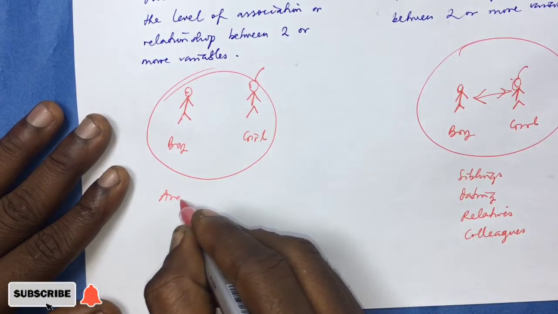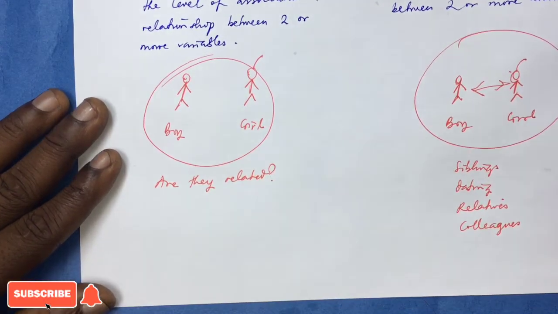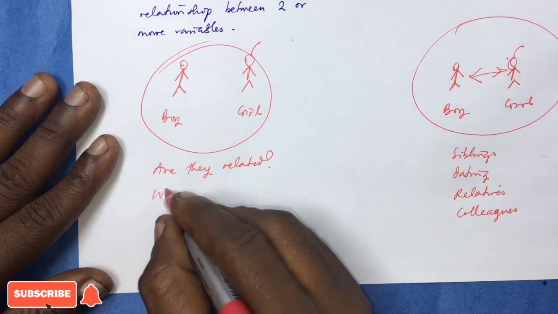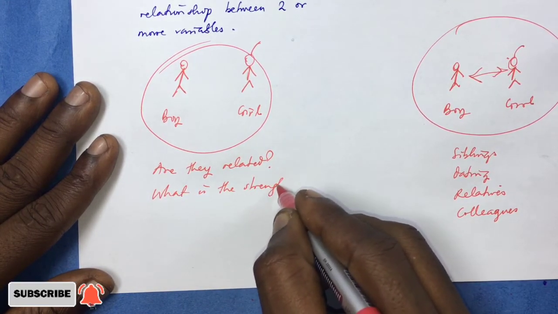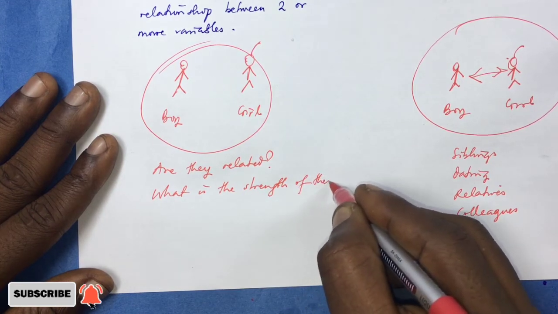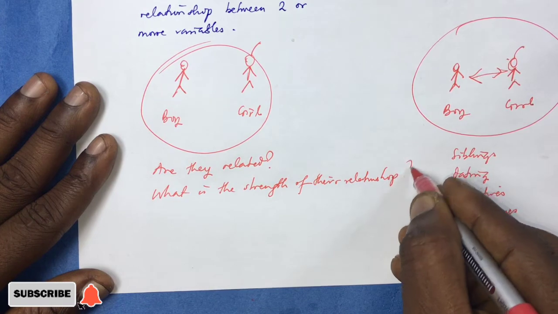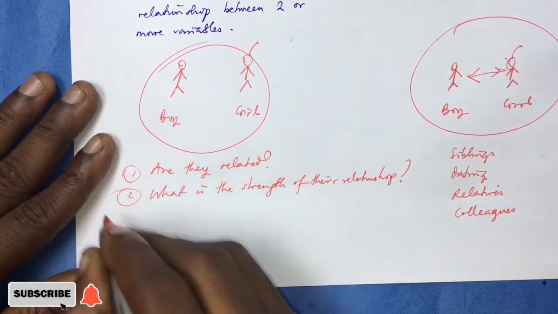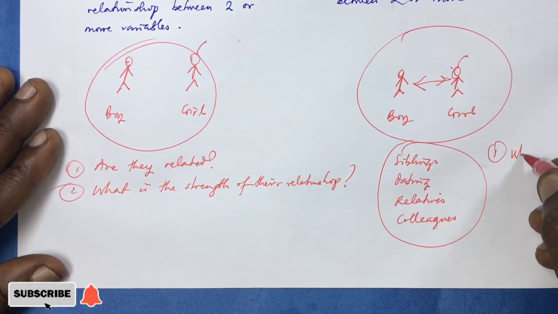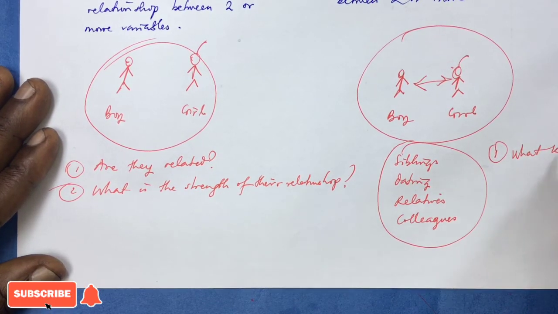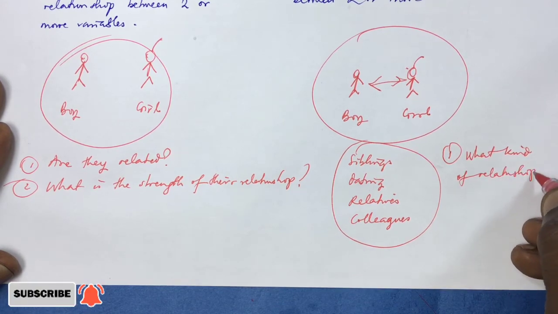So, are they related is answered by correlation. What is the strength of their relationship? This is another question answered by correlation. But in regression, we answer the question, what kind of relationship are they involved in?